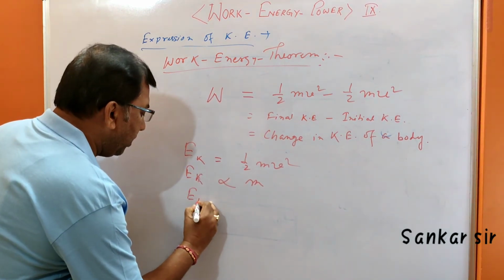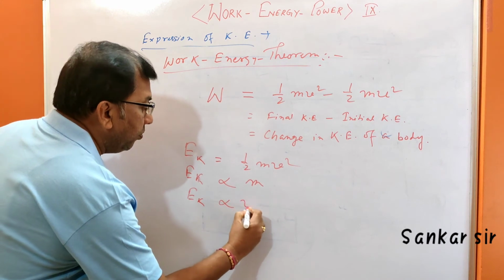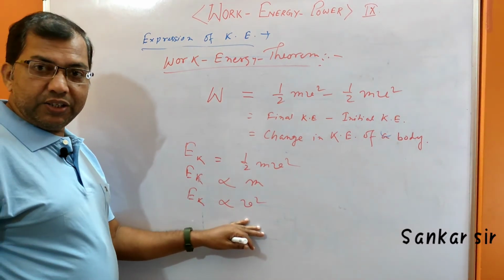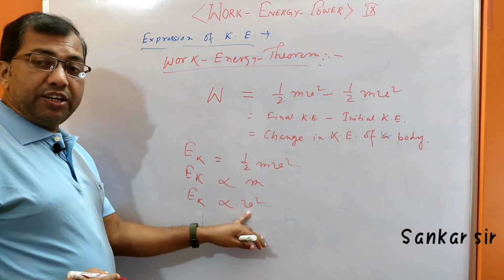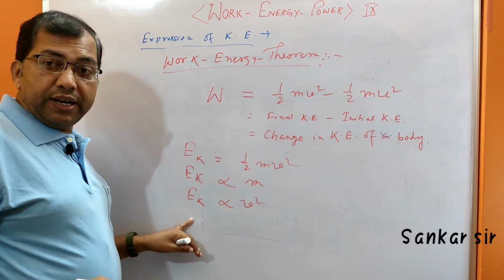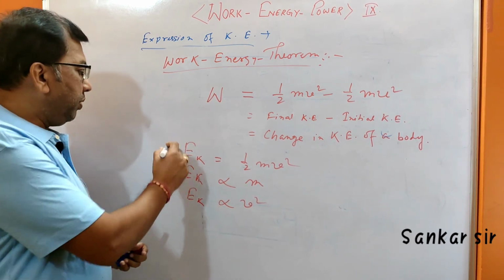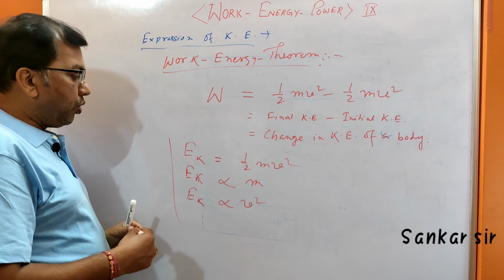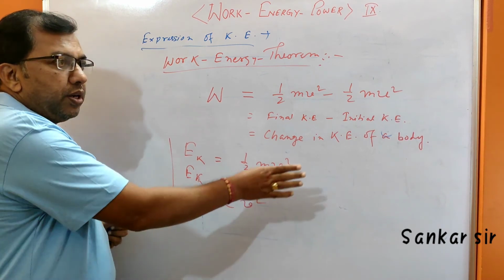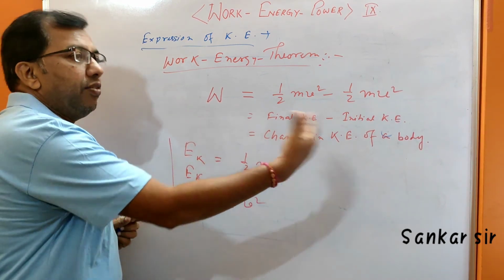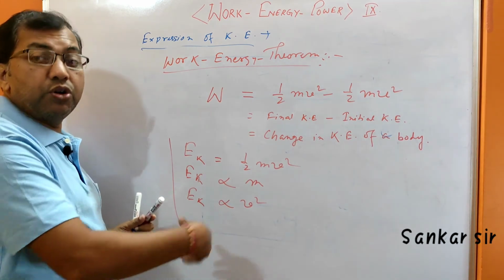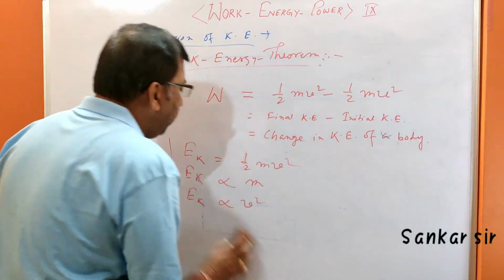And EK, kinetic energy, varies as v square. So if you double the velocity, the kinetic energy will be 4 times. Clear? So it is very important. A loaded truck has the most kinetic energy, and if velocity is doubled, the kinetic energy becomes 4 times.